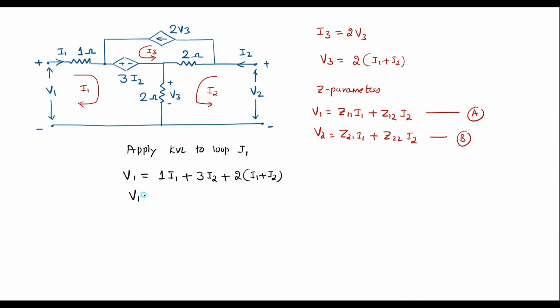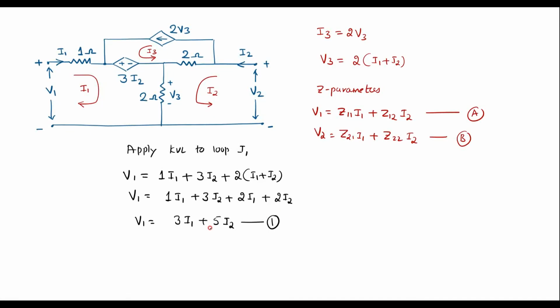Or I can write V1 is equal to 1 I1 plus 3 I2 plus 2 I1 plus 2 I2. Or V1 is equal to 1 I1 plus 2 I1, that is 3 I1, plus 5 I2. Let me call it equation 1.